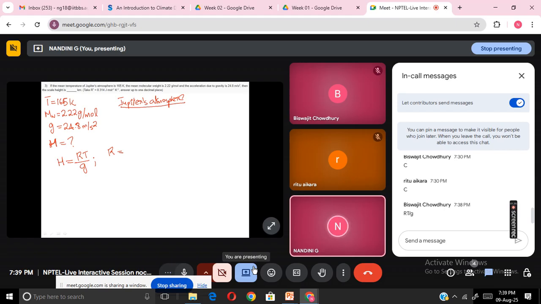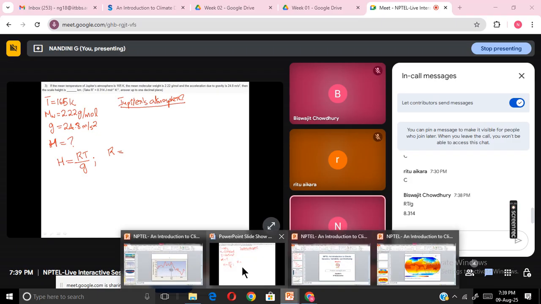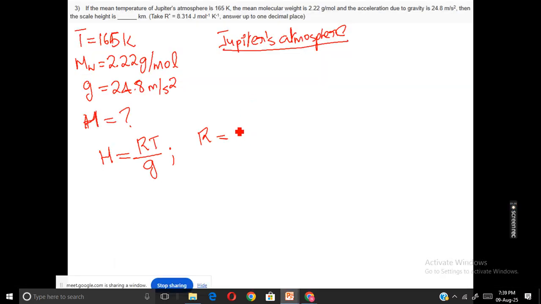Here we are dealing with Jupiter's atmosphere. Yes, exactly. Thank you. So the value of R is 8.314.